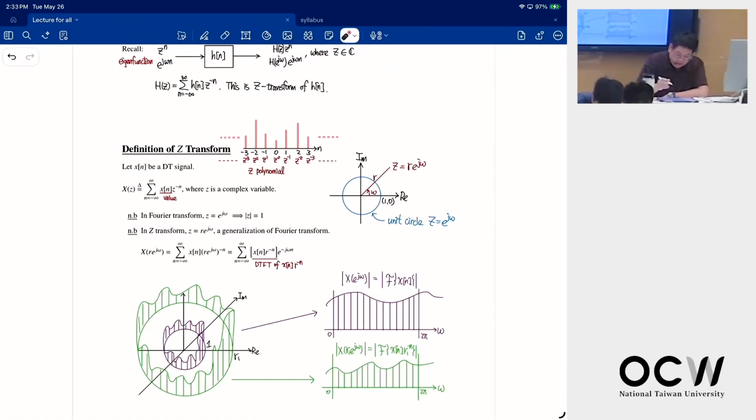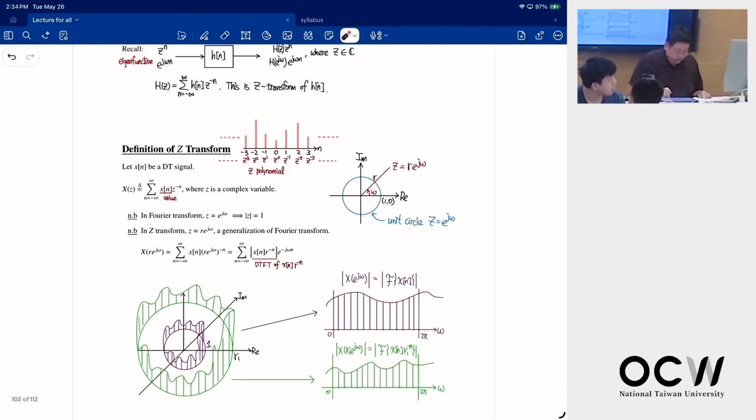Let's see here. In the past, for the discrete time Fourier transform, we focused on this unit circle, from 0 to 2 pi, periodic. But now we extend it to, for example, r1 here. It could also be a smaller one, but we just plot r1, easier to see the shape. Still from 0 to 2 pi, but this is the Fourier transform of x[n] times r1 to the minus n.